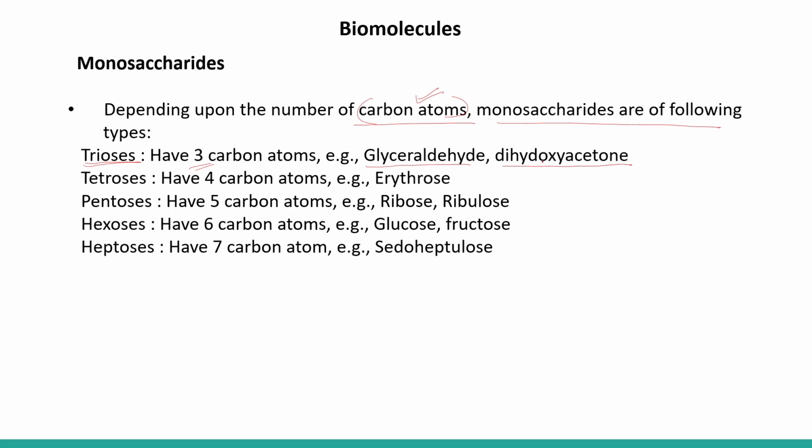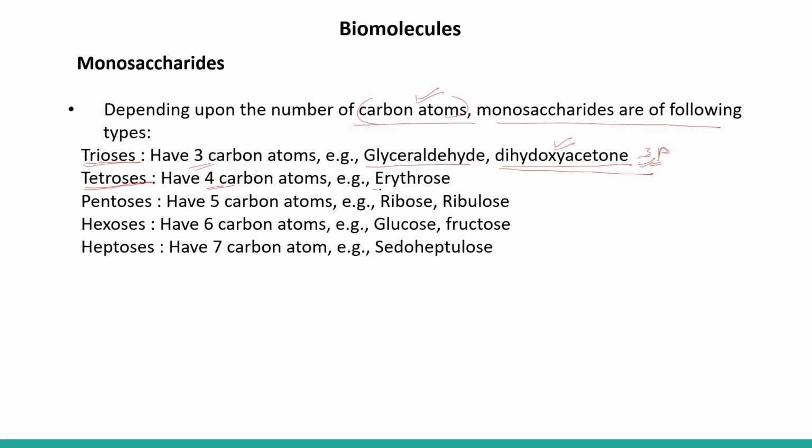In the process of glycolysis, dihydroxyacetone 3-phosphate is formed, with the phosphate group attached at the third carbon. So dihydroxyacetone is a triose. Tetroses: when the monosaccharide has 4 carbon atoms, it is named a tetrose.